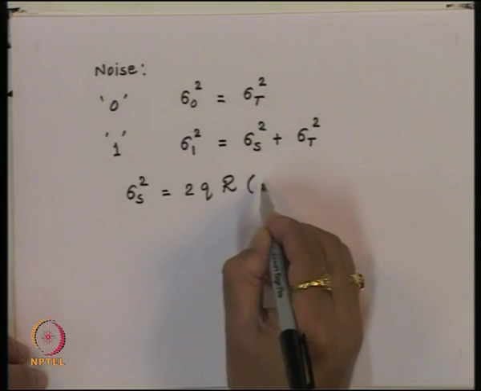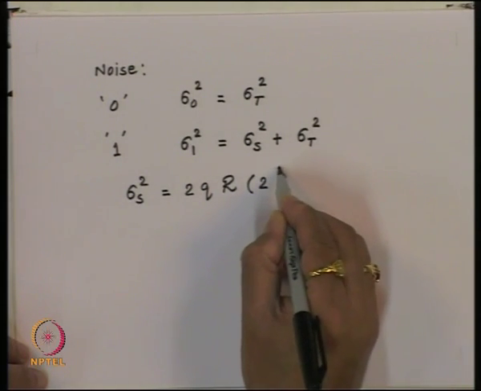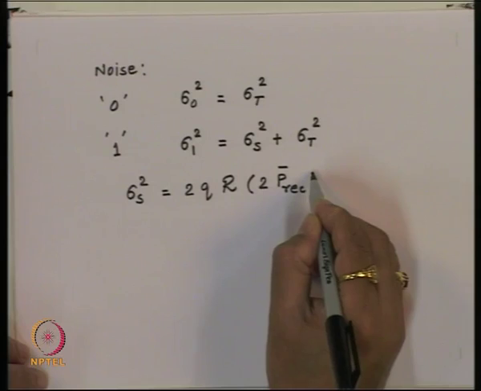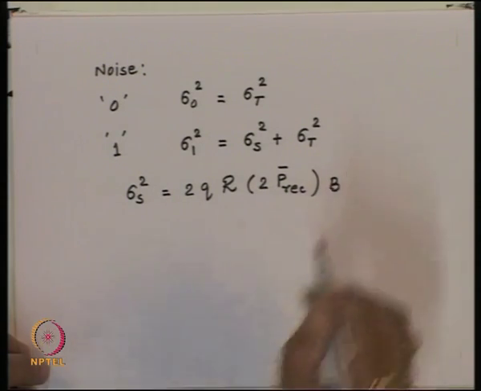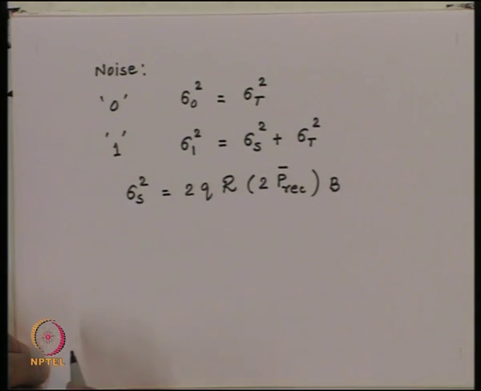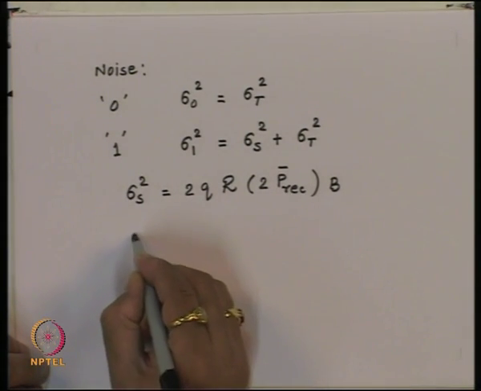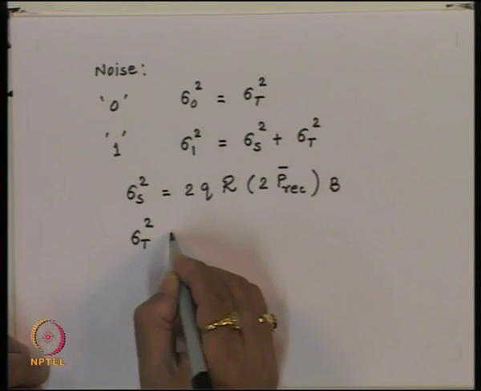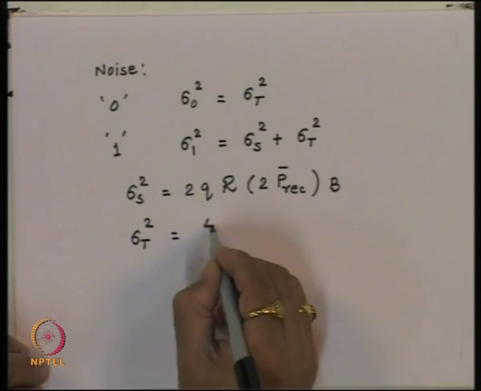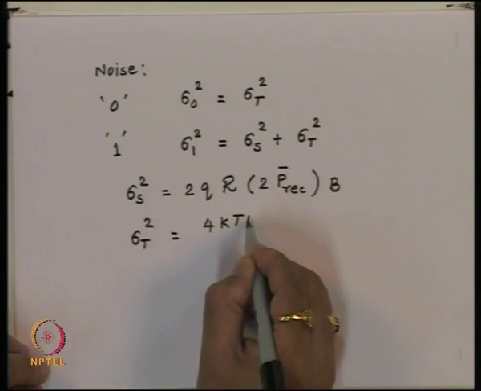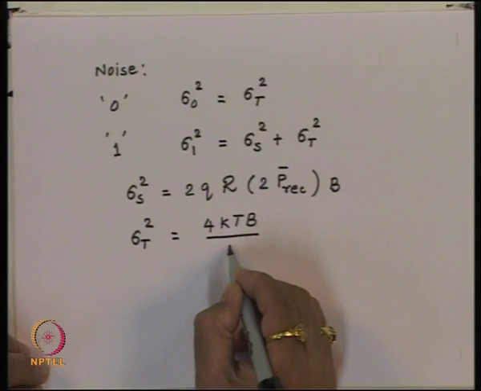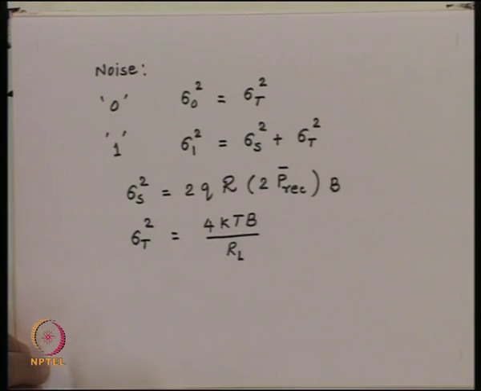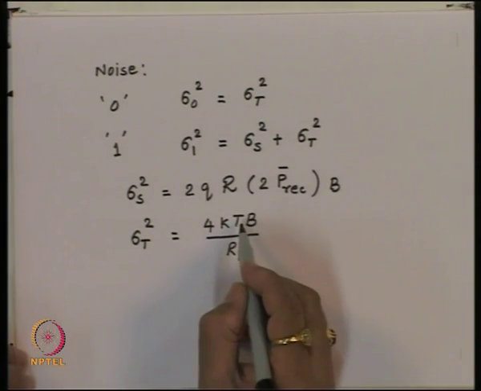So, we can say that this is 2 times P average received and the bandwidth of the receiver. And as you have seen, sigma t square, which is the thermal noise, is given by 4 k T B divided by RL, where RL is the load resistance connected to the photodetector, k is the Boltzmann constant, and T is the temperature.